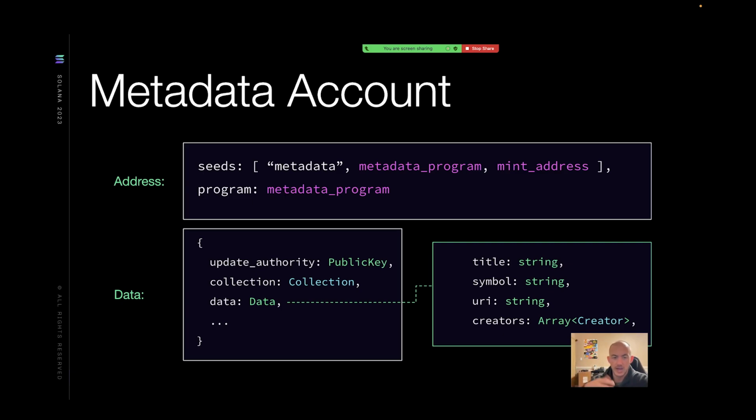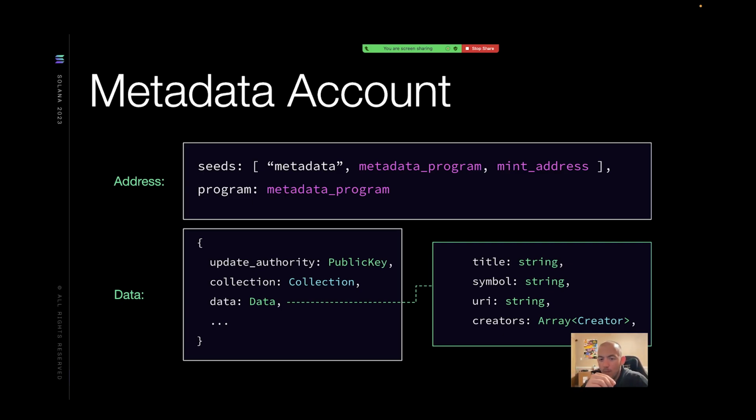So you can make metadata mutable if you want, and you can just give somebody the authority to be able to change it. What's cool is some people will do that with NFTs where they'll make the metadata change over time, like a little geopet or something where it grows over time. That's kind of how they do that thing.